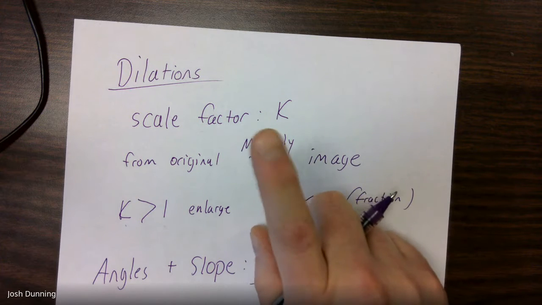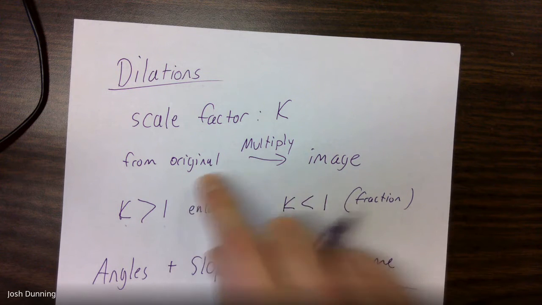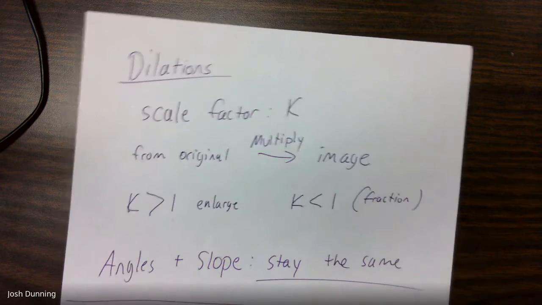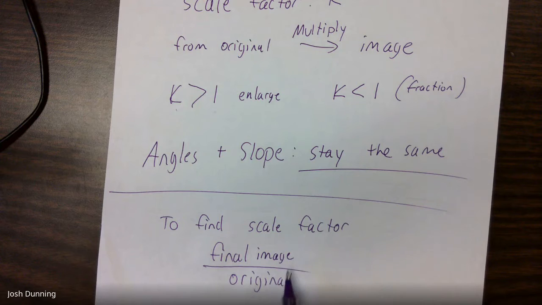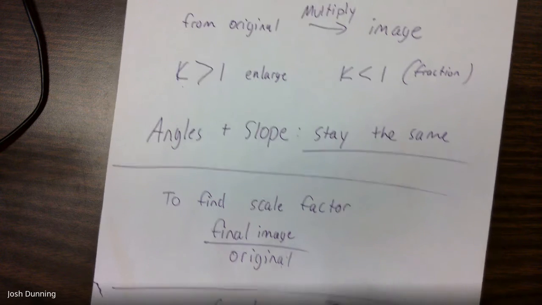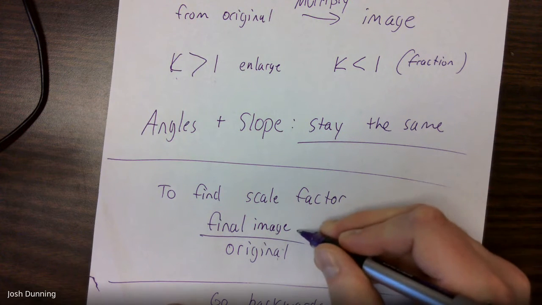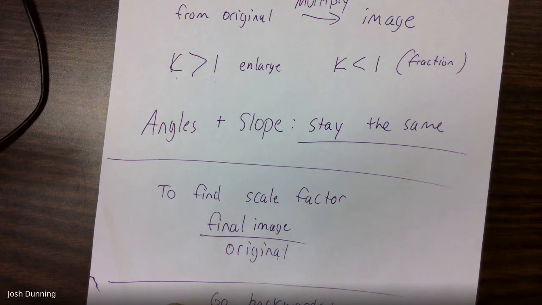This is when we're going to use the scale factor to go from the original to the new one, the image. Sometimes they'll give you both the image and the original and ask you to find the scale factor. And just remember, this time it's take the final image and divide it by the original.